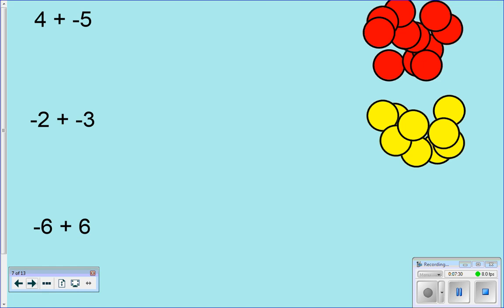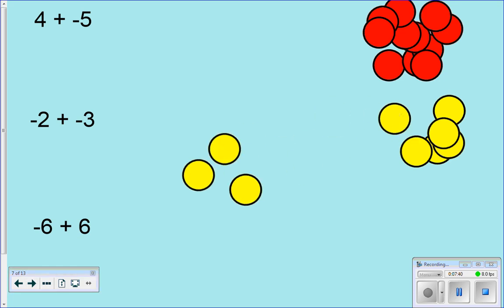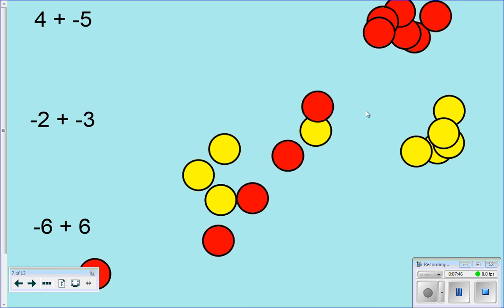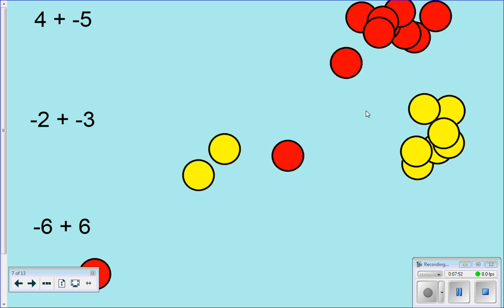All right, so let's try some of these. Let's just talk about them in tiles first. How many yellow tiles am I going to have? 4. 1, 2, 3, 4. And how many reds? 5. 1, 2, 3, 4, 5. And then I have some zero pairs I can throw away. Zero pair, zero pair, zero pair.